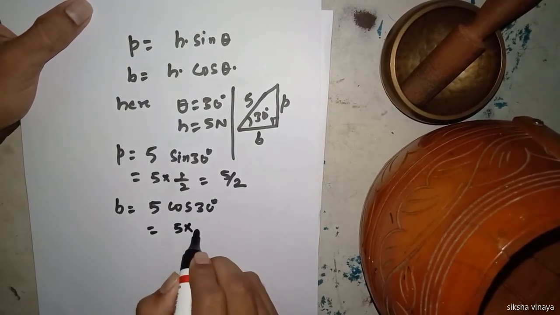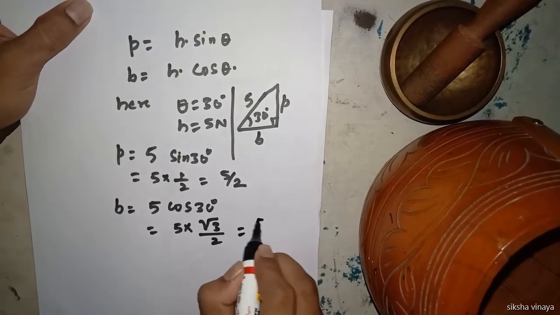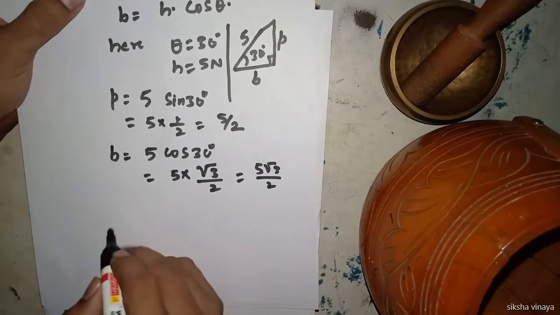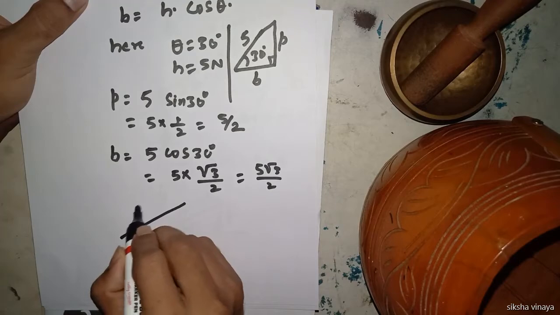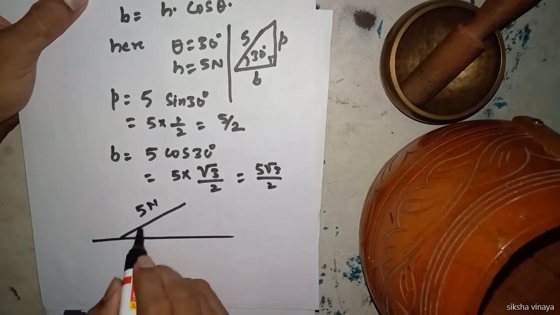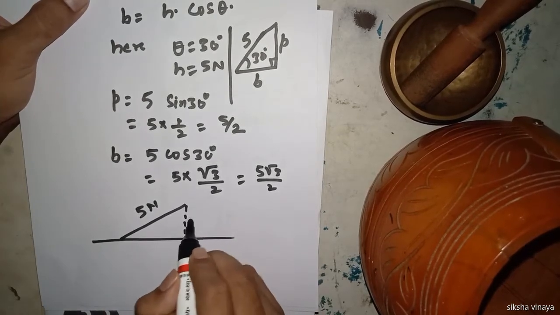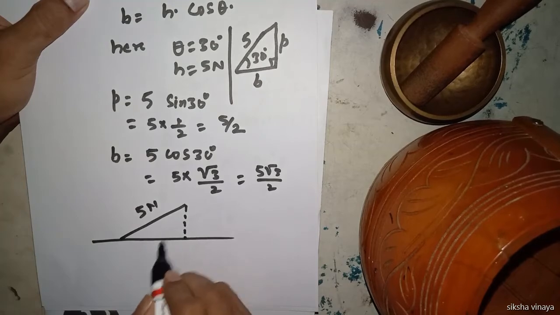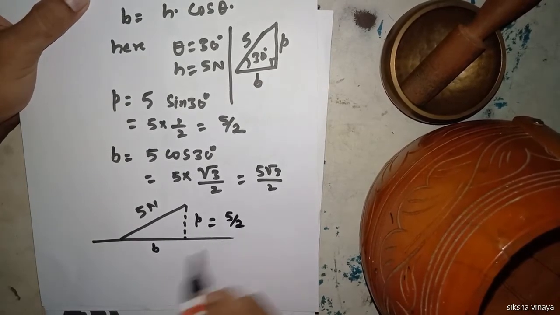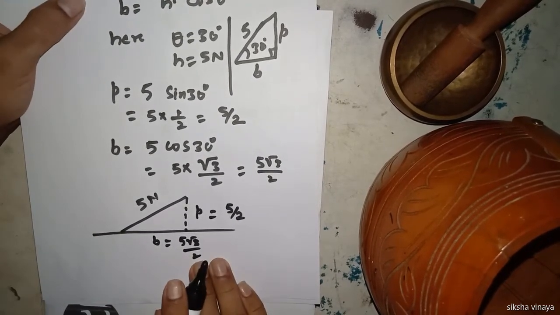It becomes 5 into root 3 by 2, means 5 root 3 by 2. Now our vector is actually resolved into two components, P and B. Yes or not? 5 by 2 and 5 root 3 by 2.